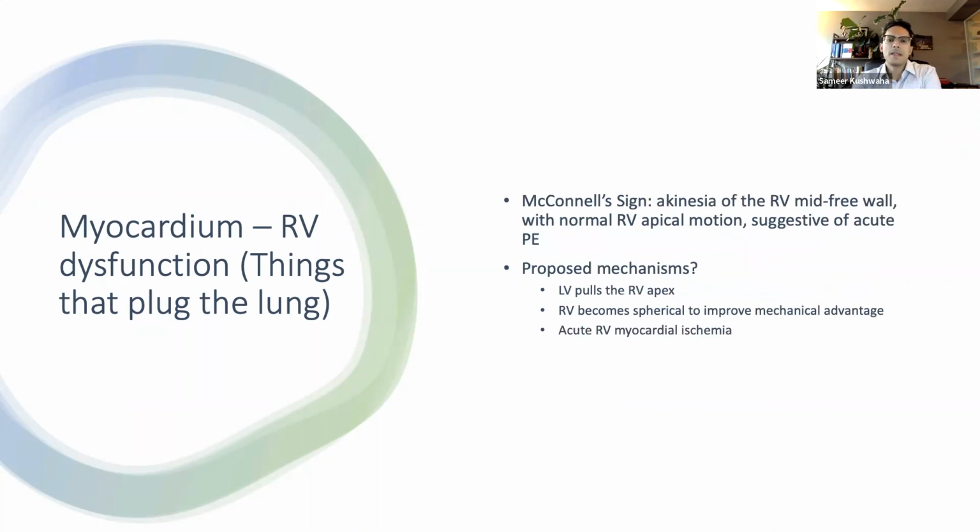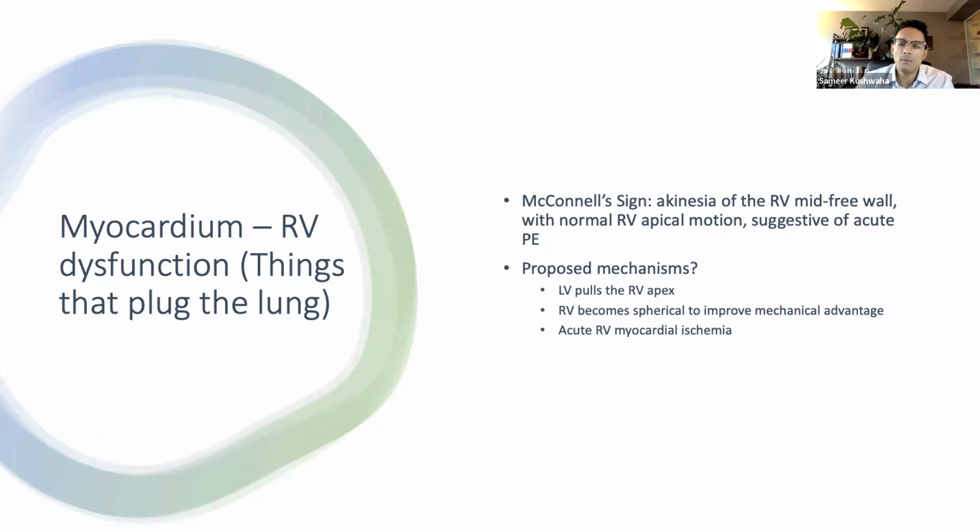So the McConnell sign is defined as akinesia of the RV mid-free wall with normal RV apical motion, and it's classically been described in acute pulmonary embolism. There's a few proposed mechanisms for why this happens. It's thought that the normal and often hyperdynamic left ventricle may pull at the RV apex, making it appear to be functioning well.